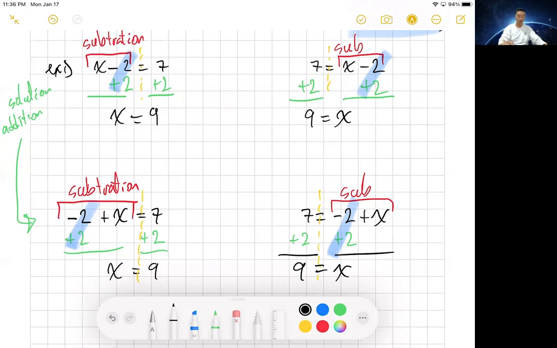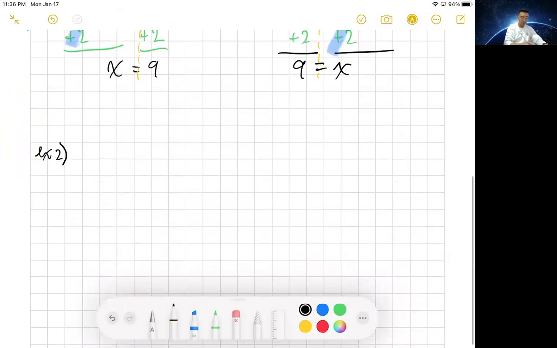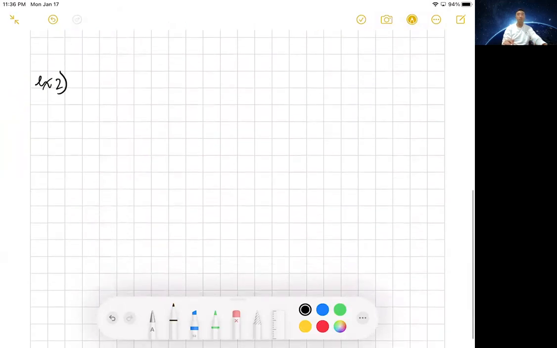Then you go ahead and try it for yourself. Click the button, pause to try it out. And I'm going to throw in a negative on the other side as well to further try to trick you.